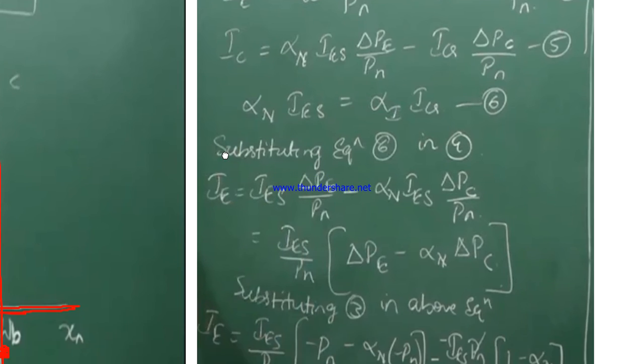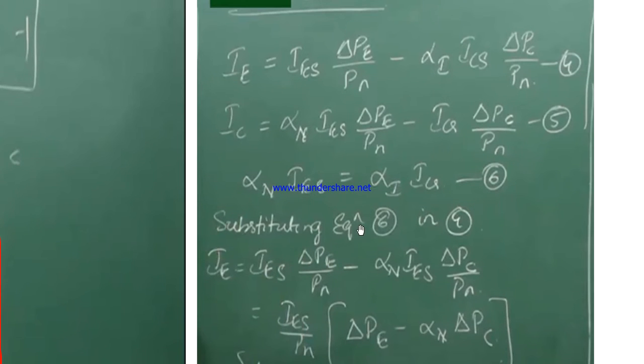So next one, substituting equation number 6. Here we need to simplify the equation. Alpha n IES can be written as alpha I ICS. So if we substitute equation number 6 in equation number 4, we replace alpha I ICS by alpha n IES.